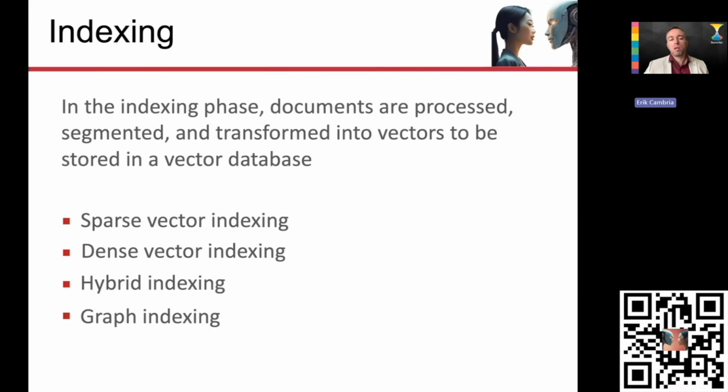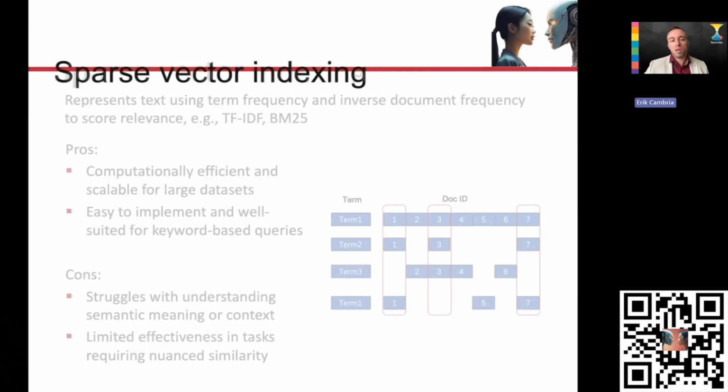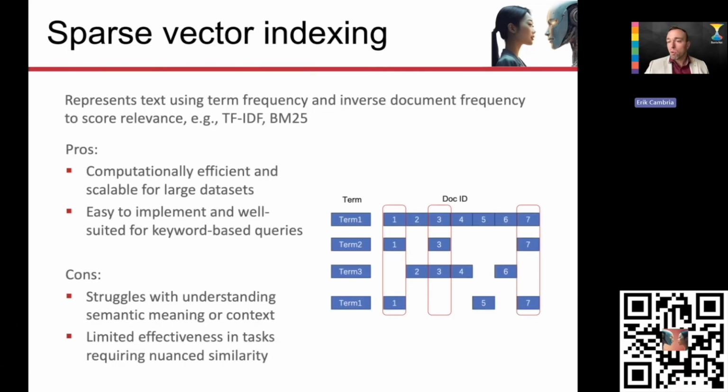Sparse vector indexing is what we have seen in the first part of this course. TF-IDF, for example, can be considered sparse vector indexing because it builds a very simple yet effective vector space model, and it works if you don't have to represent too many documents, and also if your data is well behaved, and it's also cost efficient.